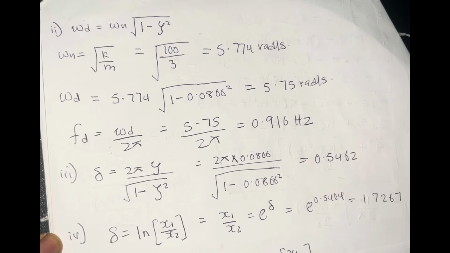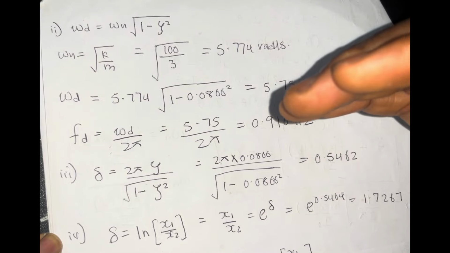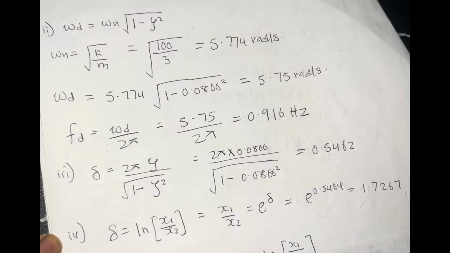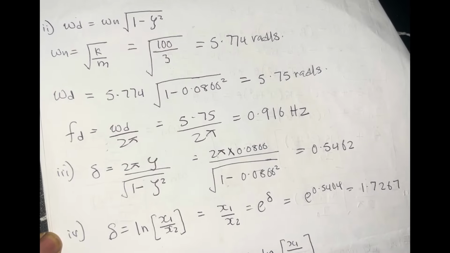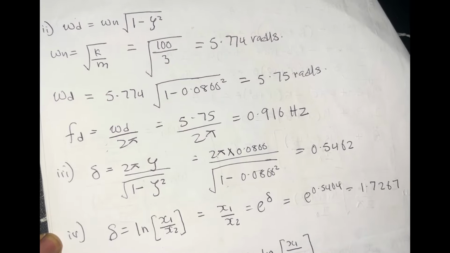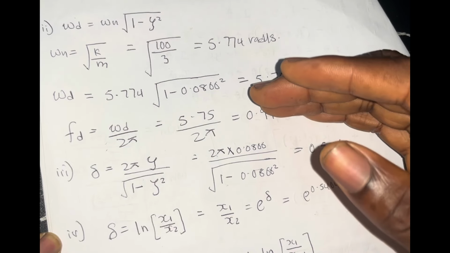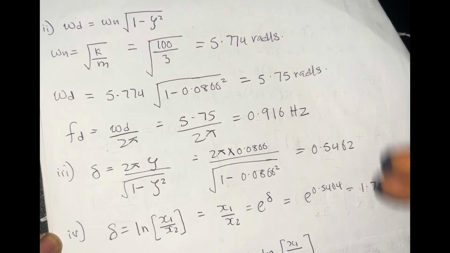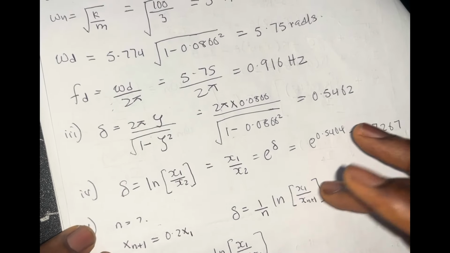Now, as we initially said, the amplitude reduces by 20%, so the next one will be 20% of the previous one. So if this is x1, then xn plus 1 is 0.2 of the previous one. If we have 10 as the amplitude before, this would reduce to 2 for the next one that we're moving to. So I know that the logarithmic decrement is 1 over n ln x1 over xn plus 1.